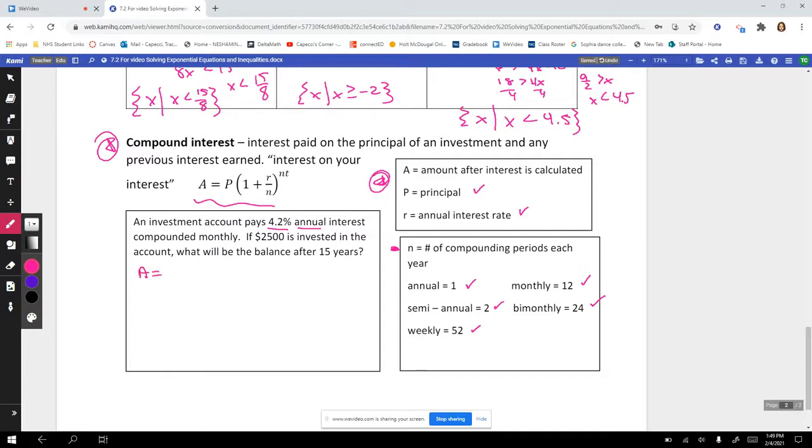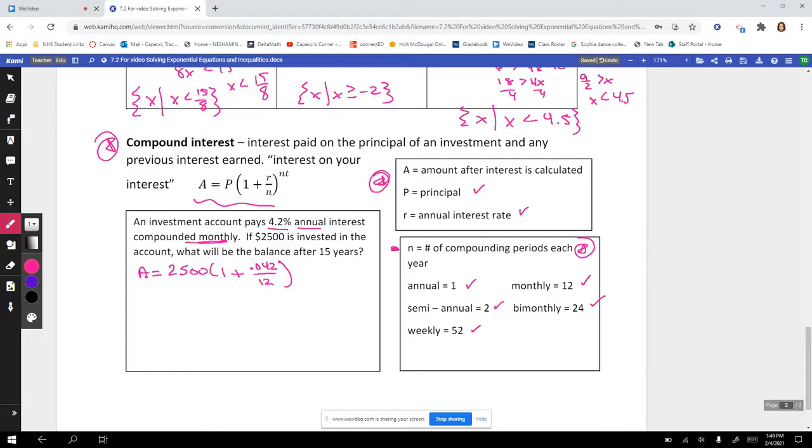So our P, or our initial investment, our principal is $2,500. I have 1 plus the rate is 0.042. That's how we write that as a decimal. Over N, remember N right here is the number of times it's compounded in the period. It says compounded monthly, so that's going to be important there. So we're going to do 12 there.